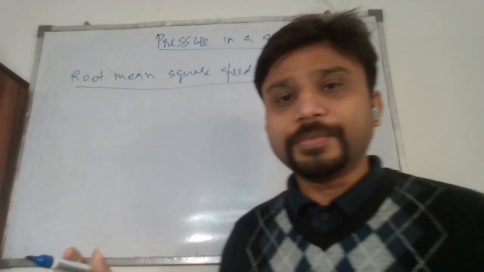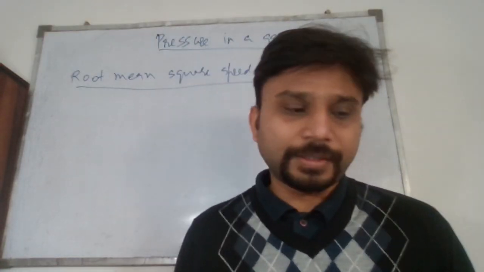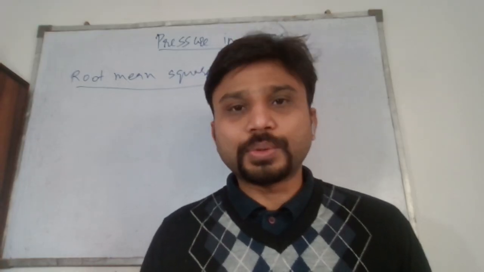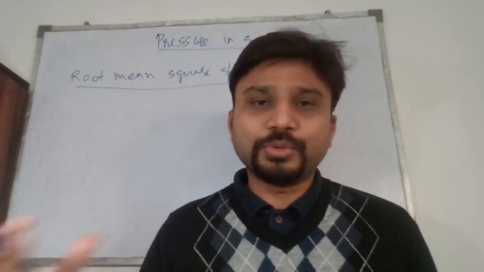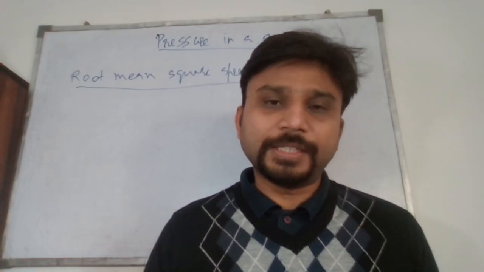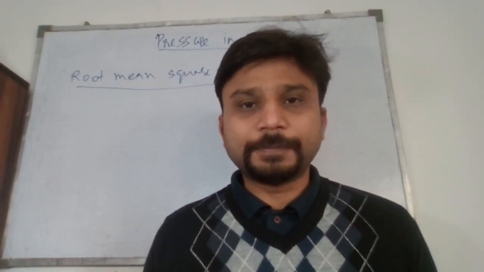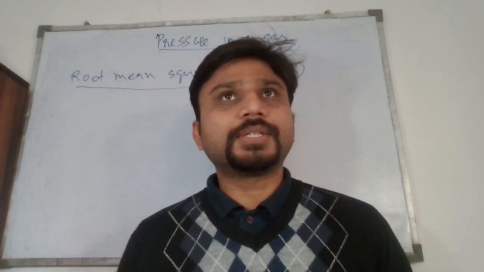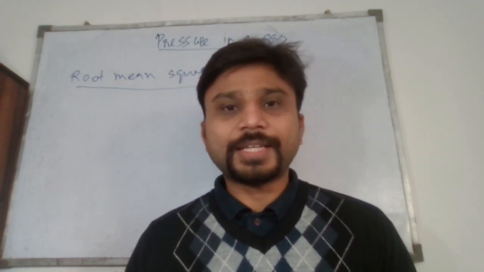It is defined to calculate the velocity of a particle which shows some kind of average motion of all the particles. So the key term which I said is average motion.